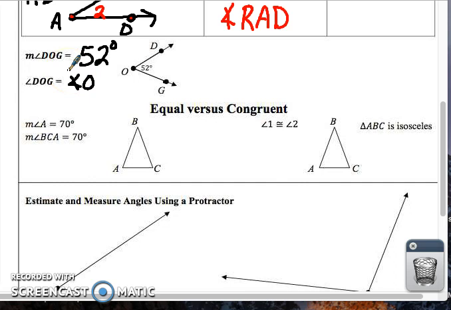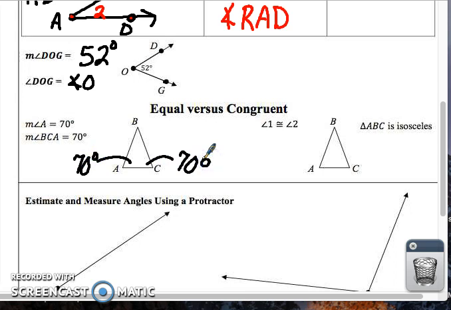All right? Now, let's look down here at this one. The measure of angle A is 70 degrees. The measure of BCA is 70 degrees. Can't really see those. Let's try something a little bit easier. So let's say that this is 70 degrees, and this angle is 70 degrees.